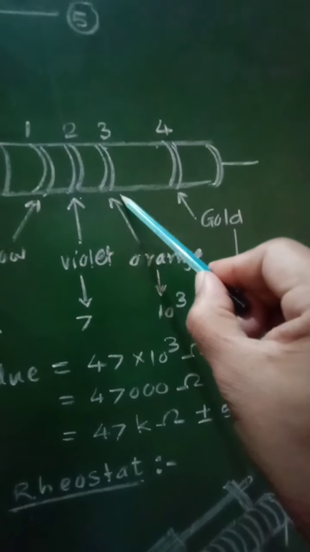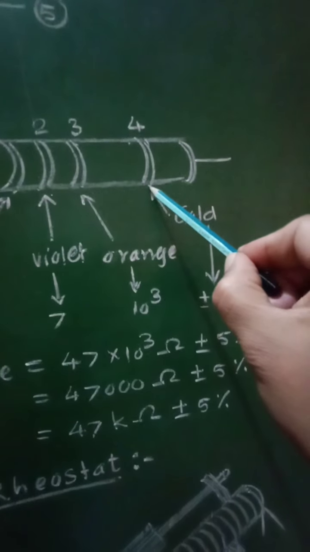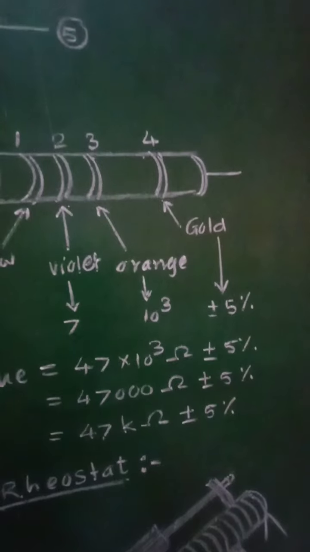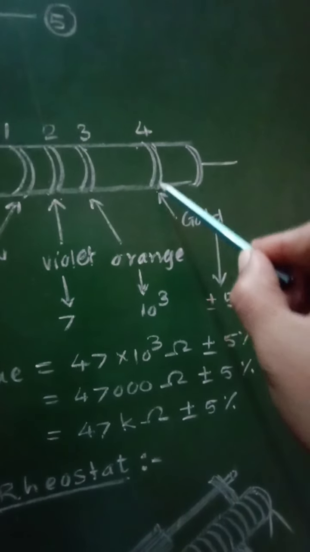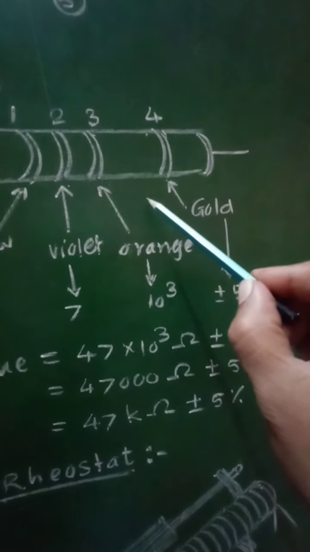This third color will represent the multiplier, and the fourth color, if there, will represent the tolerance in the value of resistance. If the fourth color is present, we can write its tolerance by observing from that table.